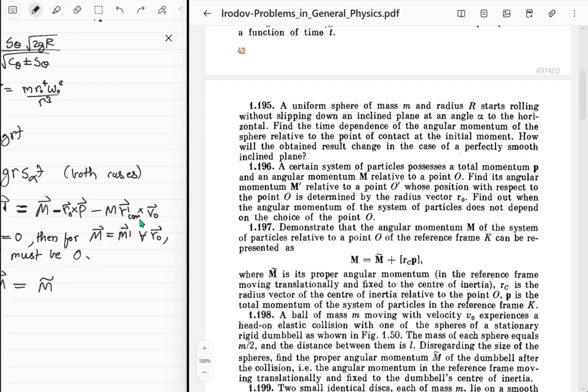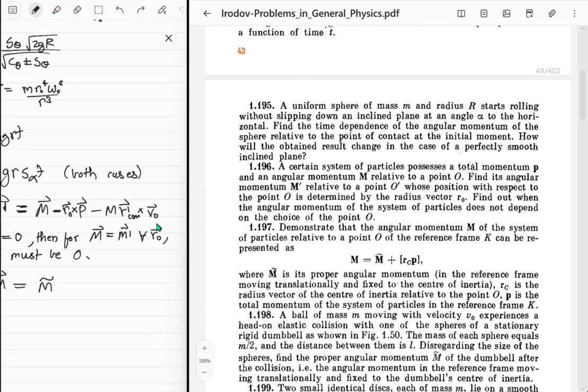Something definitely went wrong in this derivation because this somehow doesn't make any sense. We got v naught vector. Oh, sorry. Okay, it does make sense. What is v naught vector? It's the velocity of the reference point as seen from the center of mass, not the velocity of the center of mass.